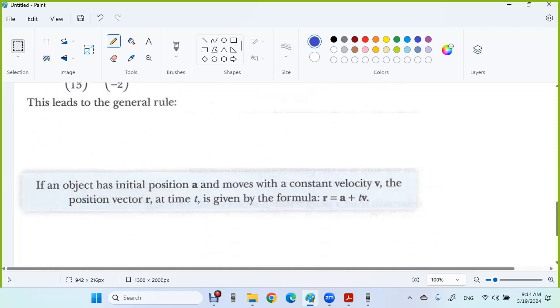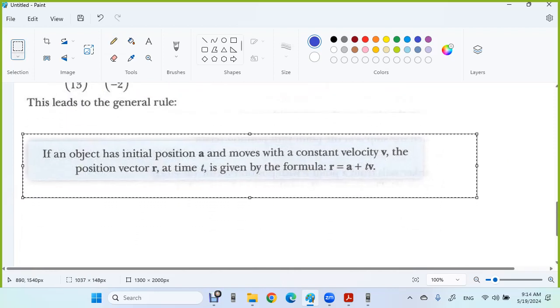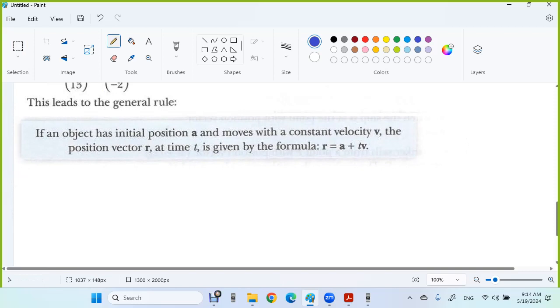So this leads to the general rule: r equals a plus tv. The position vector is equal to the initial position plus time multiplied by the velocity.